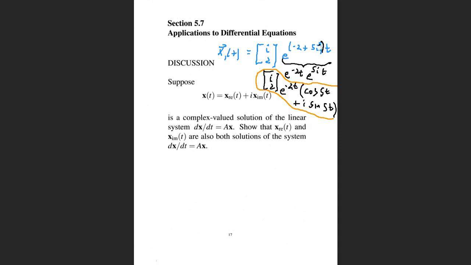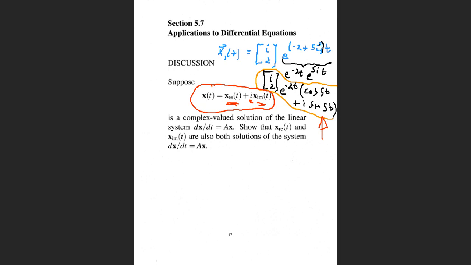And basically, from this complex solution, you can rewrite that complex solution as the sum of a vector that has real functions in it plus i times a vector with real functions in it. Sometimes we call that x real and x imaginary.